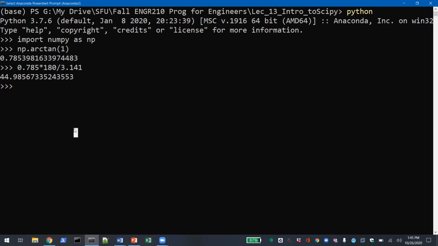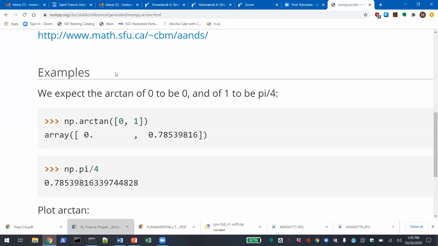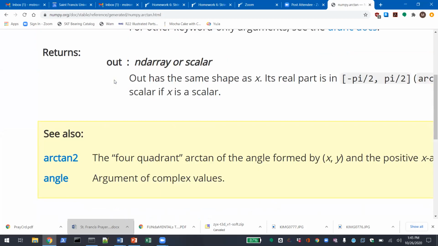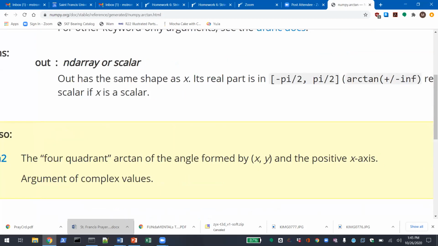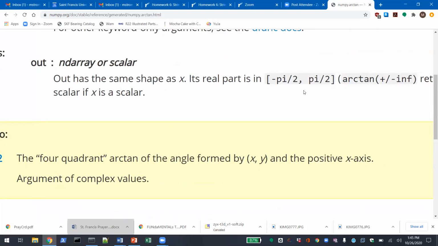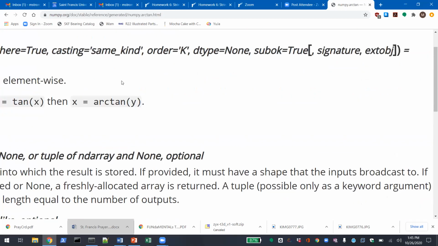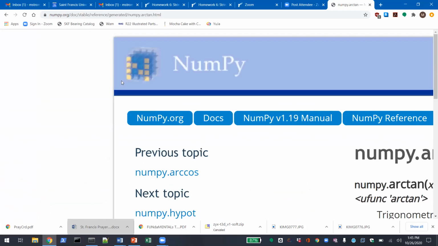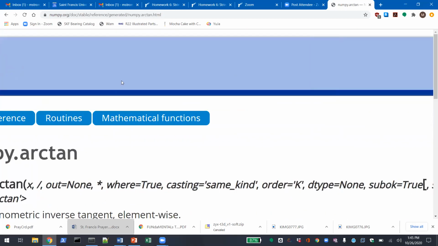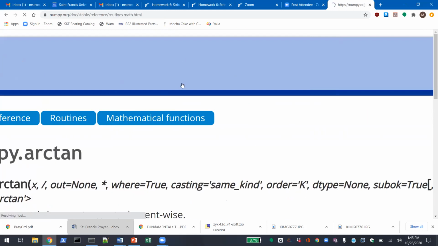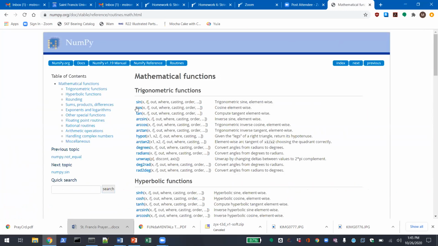In here it even says it'll come out between negative pi over 2 and pi over 2, so you know that it's going to be in radians. While I'm here, I'm just going to look up sine and cosine.